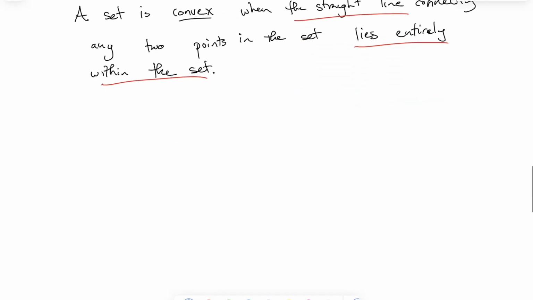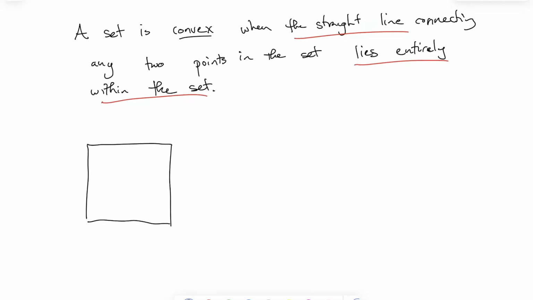So for example, if I have just a square here, is it convex or not? What I am thinking about is, is it true that if you choose any 2 points in the set, I'll just choose 2 random points like this, the straight line connecting those 2 lies entirely within the square? And the answer is yes.